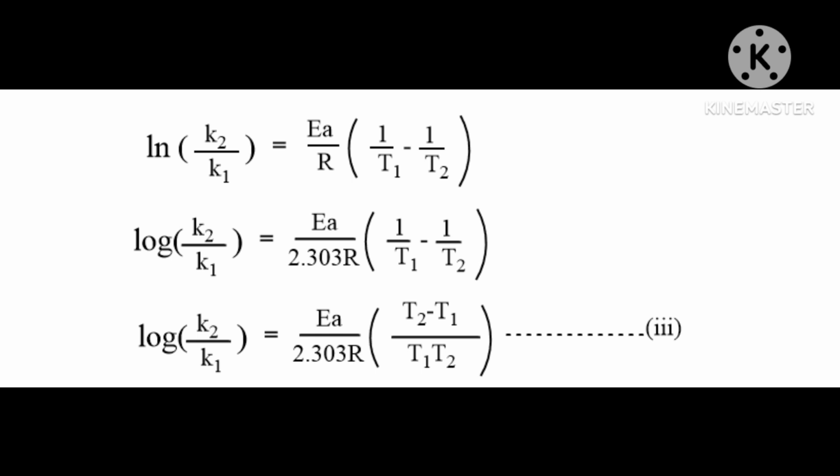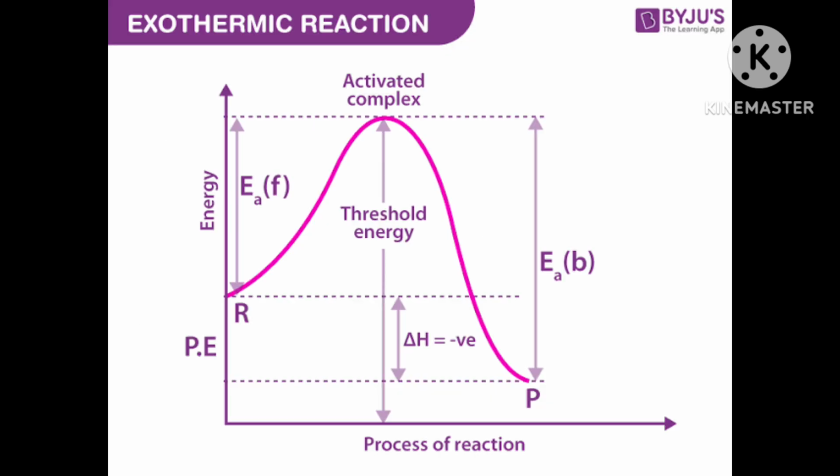This area shows the fraction of additional molecules which react when you have increased the temperature by, suppose, 10 degrees, T plus 10. In the beginning it was T, now you have increased by 10 degrees. How many molecules increased? I told you, suppose in the beginning it was 10%, now it becomes 17%, then 7% increased.